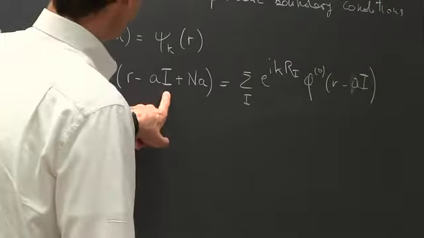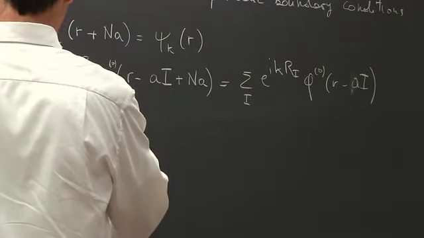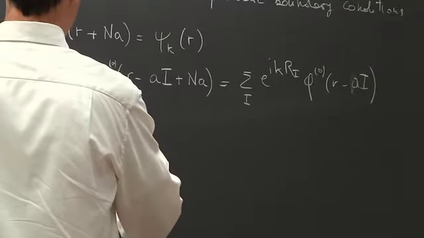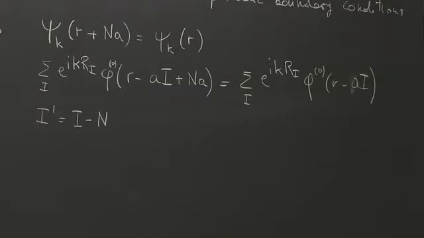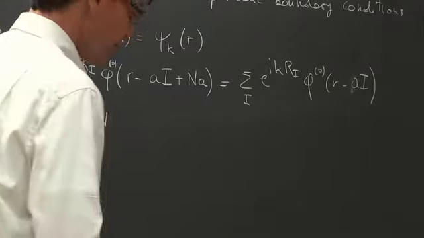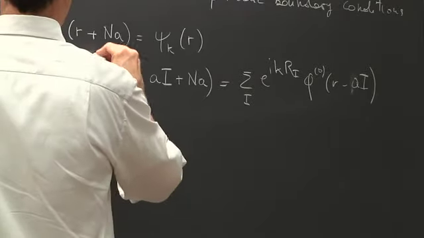Now let me define i prime as i minus N. Oh, sorry, I should have also written this one as a_i.